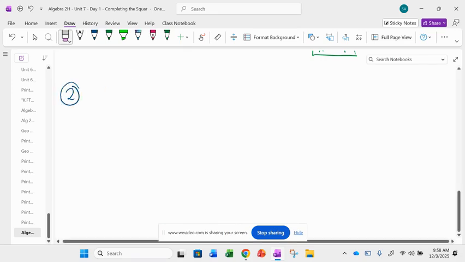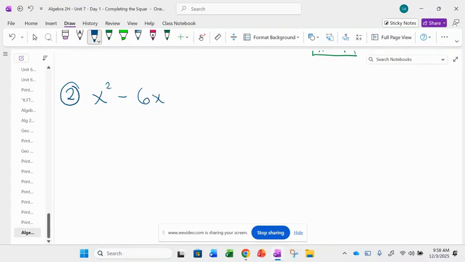So again, we're going to solve by completing the square, and we're going to have x squared plus 4 equals 6x. Oops, sorry. X squared plus 4 equals 6x. So this would be a better problem to use completing the square, where you're going to see it's not easy factoring.